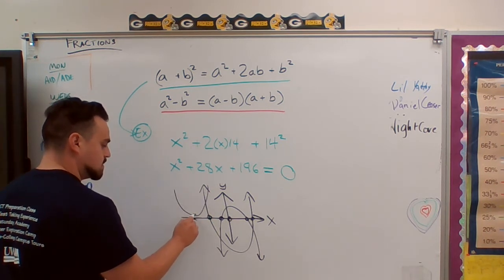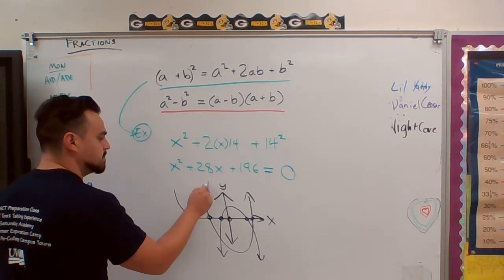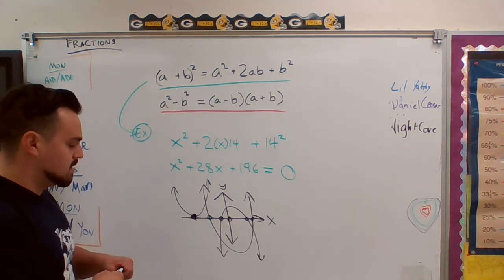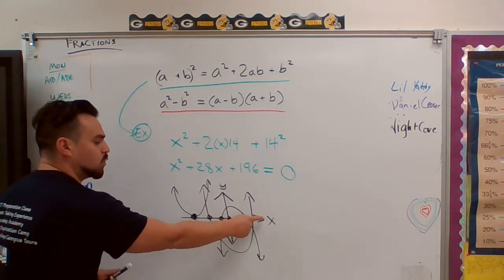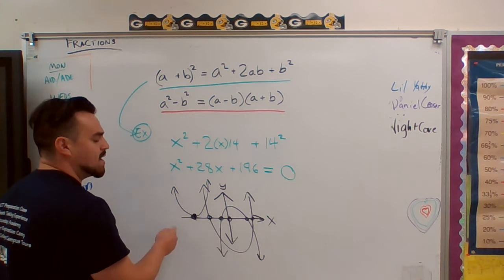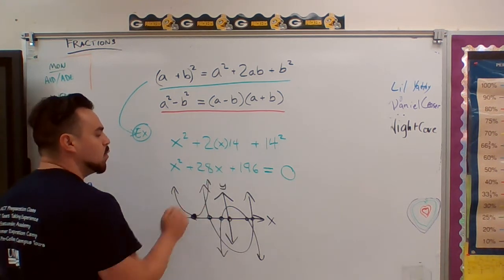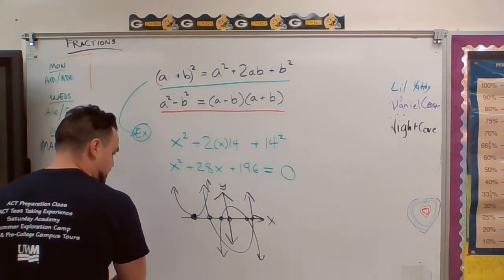It just touches the line briefly. But visually, that's what we're looking for. We're looking for when y equals 0, what is the x value for this particular function?